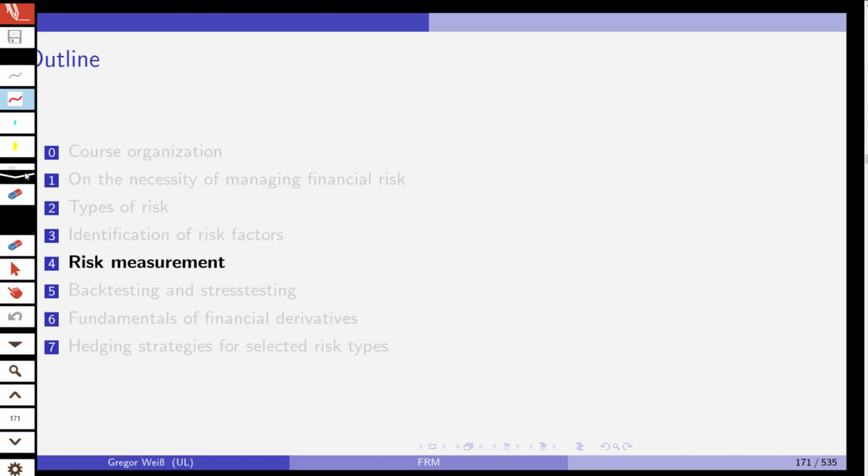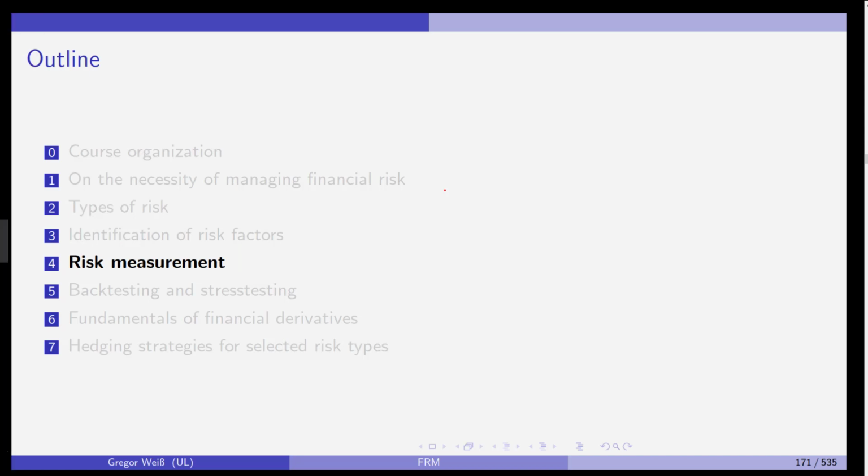We stopped last week here at the start of chapter 4 on risk measurement, and we are now at a point where we've identified our risk factors. We have come up with a risk mapping that relates elementary risk factors to potential financial losses, leading us to a loss distribution.